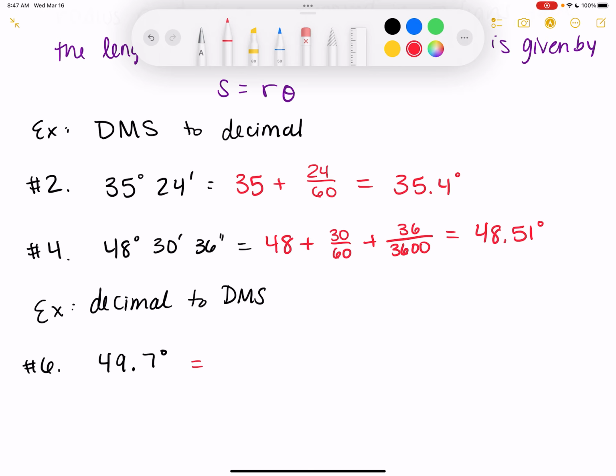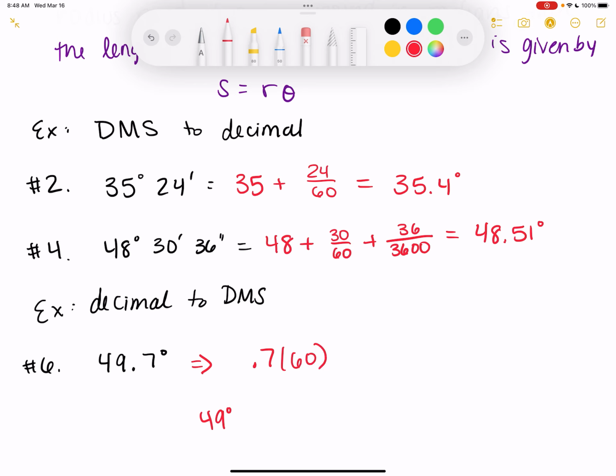Obviously the 49 is going to stay as 49 degrees. But then we need to do a conversion for 0.7. The first decimal place is always your minutes. The second decimal place is always your seconds. So we need to multiply this 0.7 by 60. Okay, I was right.